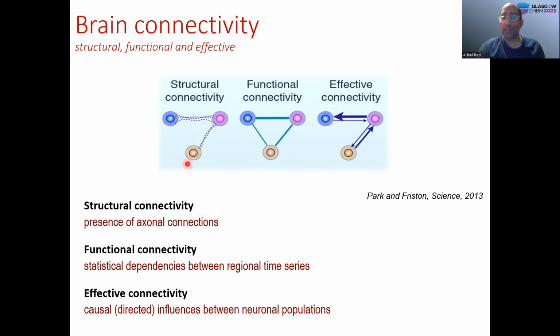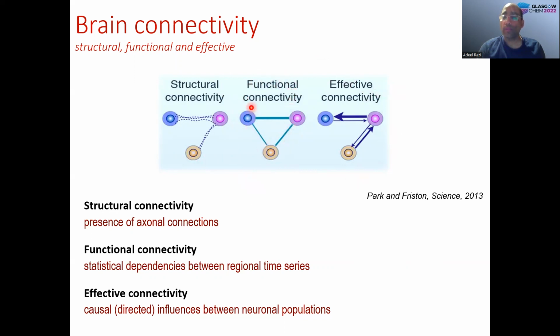In these cartoons, I'm using 3 brain regions, and structural connectivity can be thought of as presence of axonal connection, and it can be inferred using diffusion imaging, for example, using probabilistic or deterministic tractography techniques. This is structural connectivity. In this lecture, we will be focusing more on functional MRI.